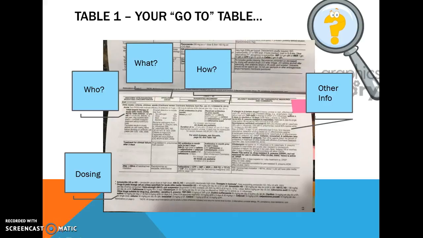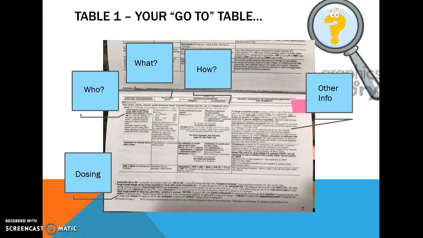What antibiotic choices, and here's where your abbreviations come in handy. It will tell you here what regimens are recommended for first line or primary, and then you have alternatives in the event of allergies or intolerance to the medicine, or again, sometimes in terms of cost.